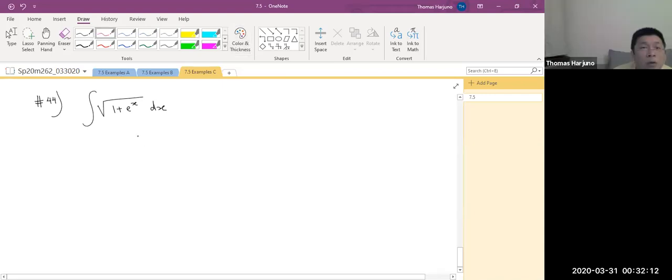I think I will do u equals 1 plus e to the x. So du will be e to the x dx. So du over e to the x equals dx. But when we do substitution, once the variable of integration is u, then we cannot have x anymore.